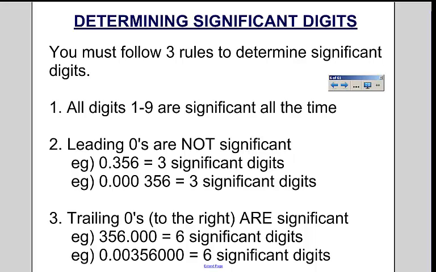So that number is significant. So here, our 356 is significant, as well as the zeros that come after it. Now with our second number, our 356 are significant. The ones that come after are still significant, those trailing zeros. But again, these ones, not so much. Okay, remember, for number 2, leading zeros are not significant.